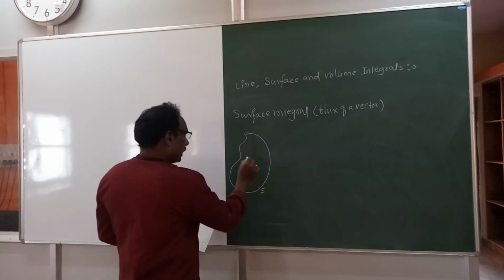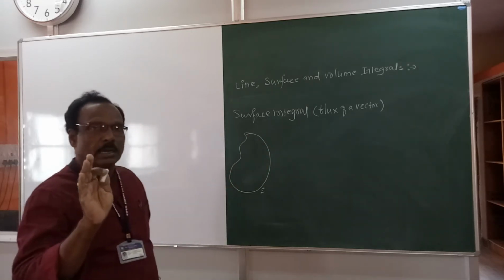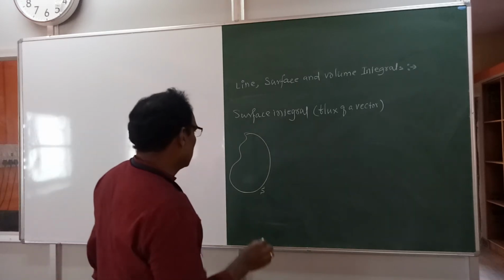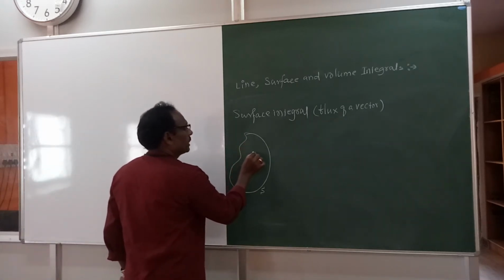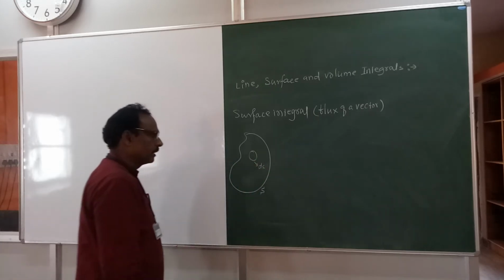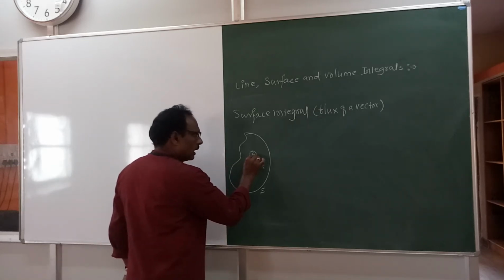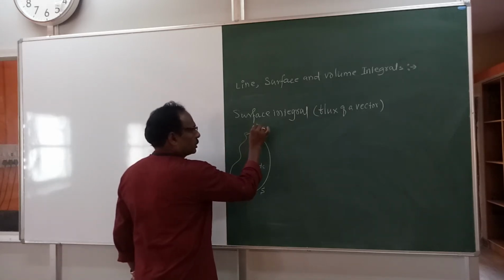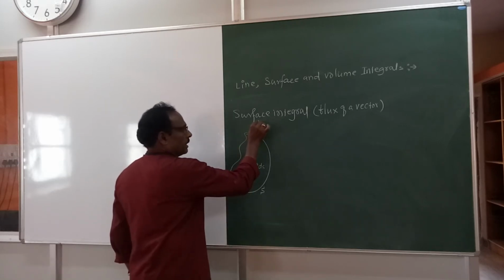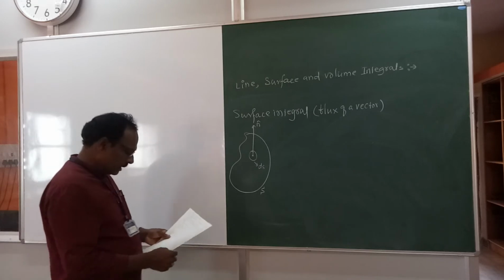I will divide this closed surface into small elementary surfaces like this. I will take a small elementary surface ds. To this ds, I will draw a normal, and this is the unit vector n.